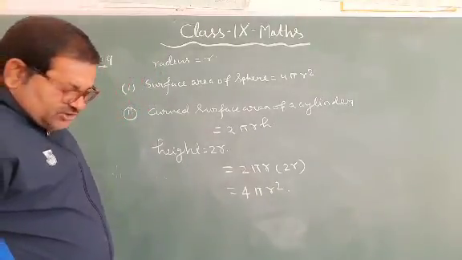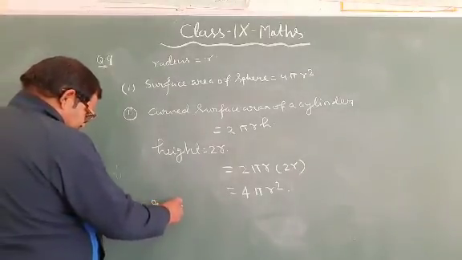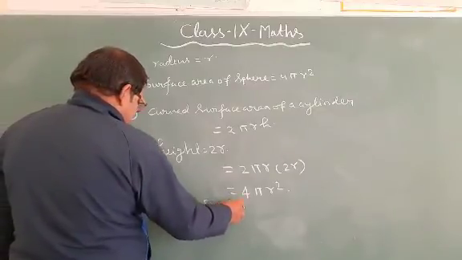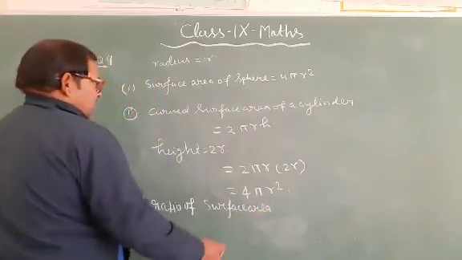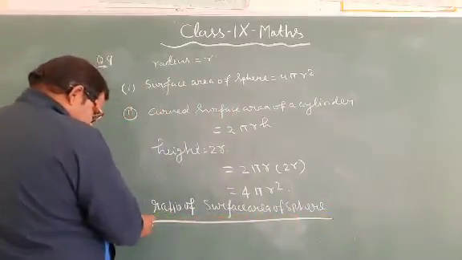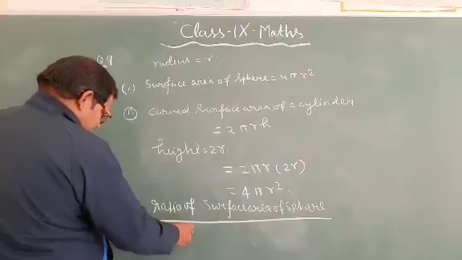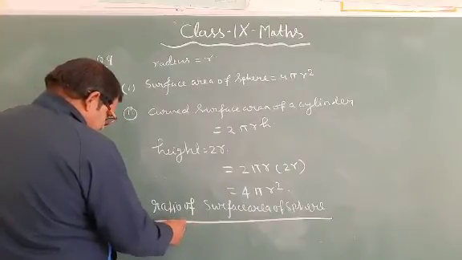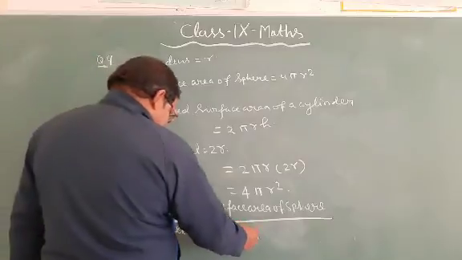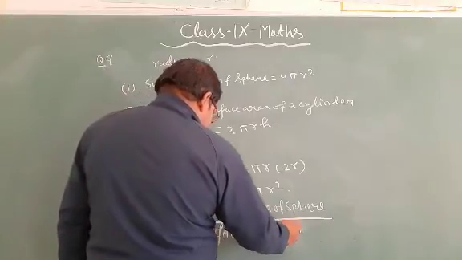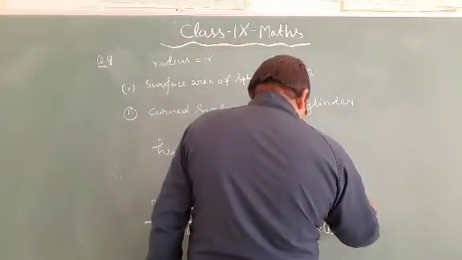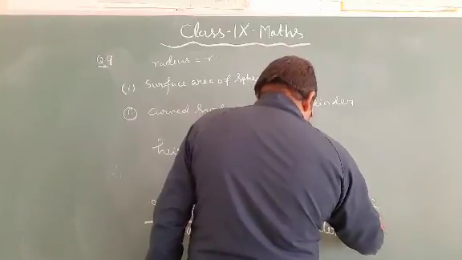Now third, the ratio of surface area of sphere upon curved surface area of cylinder is equal to 4 pi r square upon 4 pi r square.